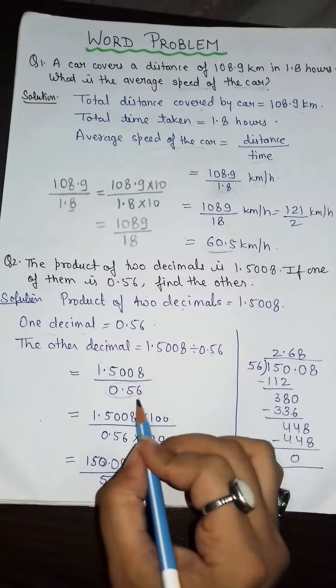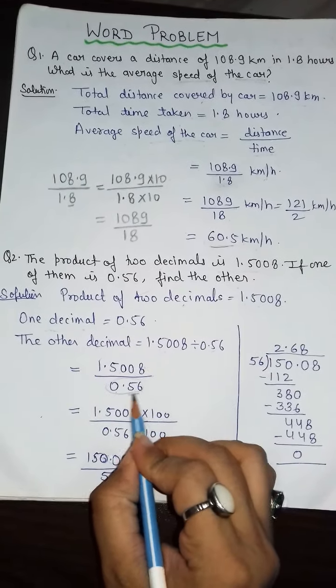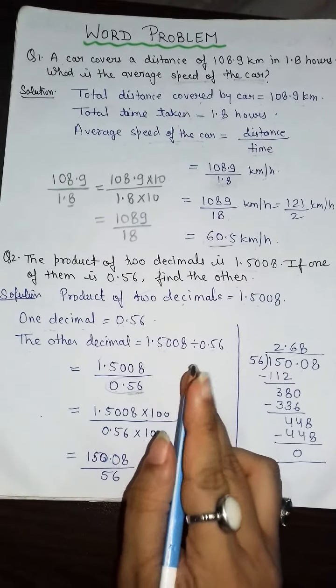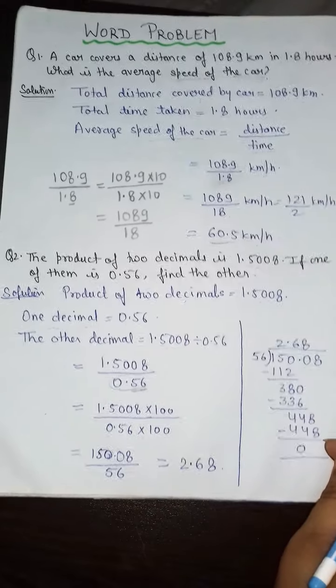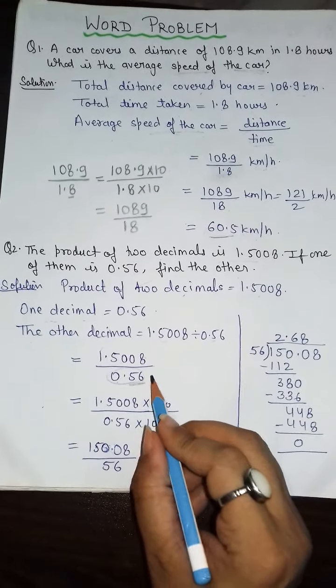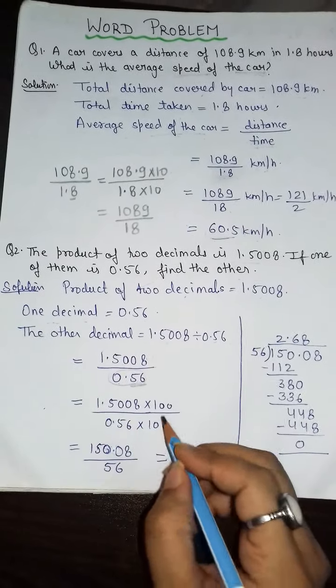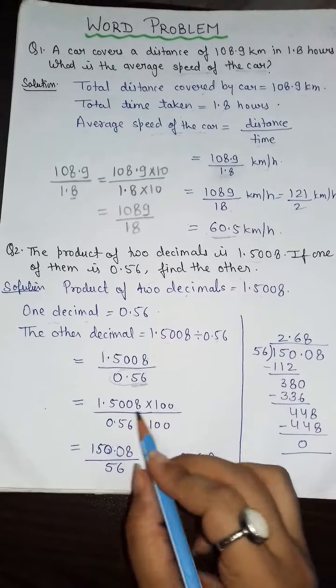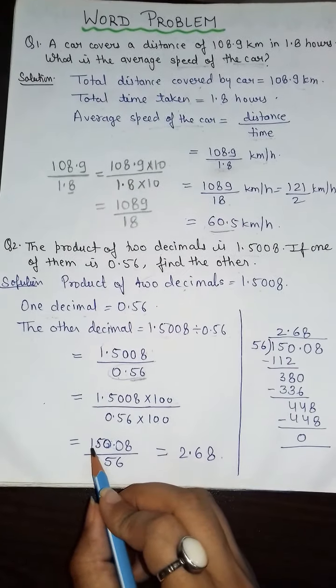For this, see here how many digits are in the decimal part? 2 digits. So we have to multiply by 100 in the numerator and in the denominator. So multiply by 100.